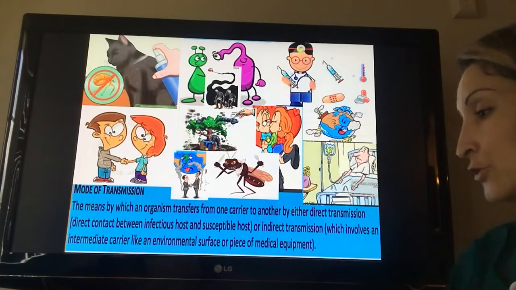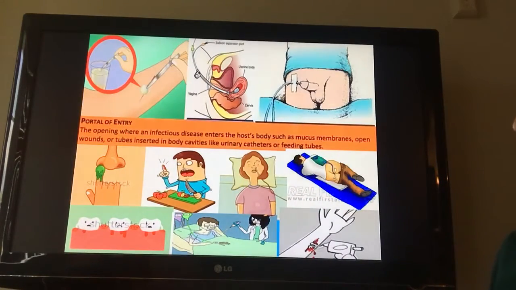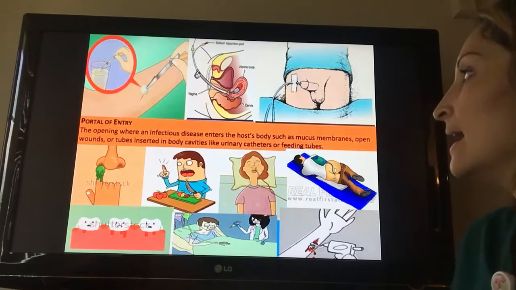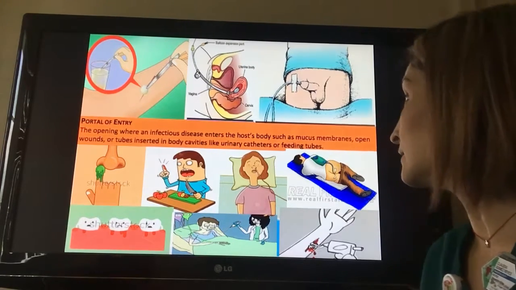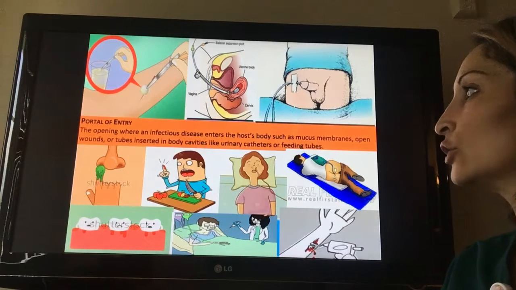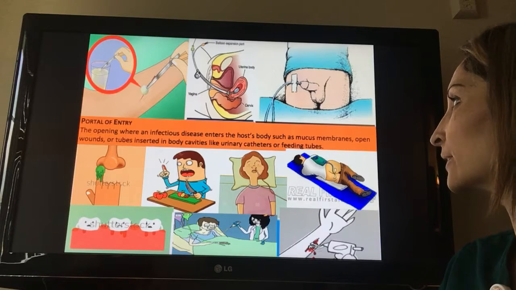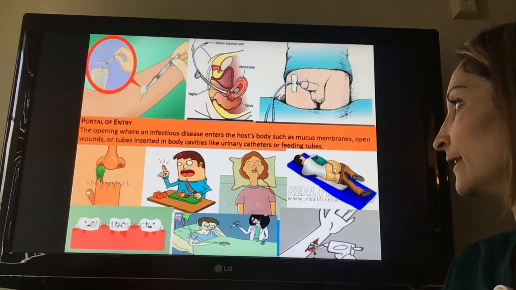The portal of entry. The portal of entry is just the opening where an infectious disease enters the host body, such as mucous membranes, open wounds, or tubes inserted in body cavities, like urinary catheters or feeding tubes.